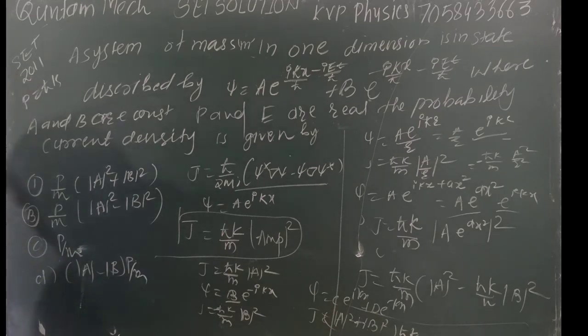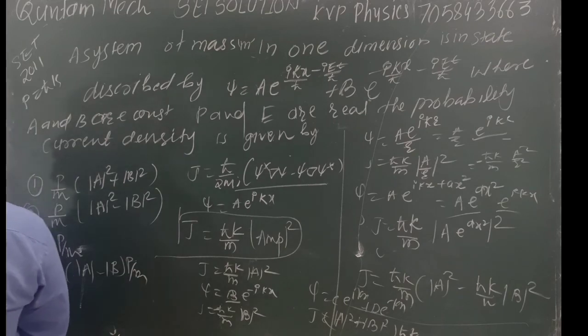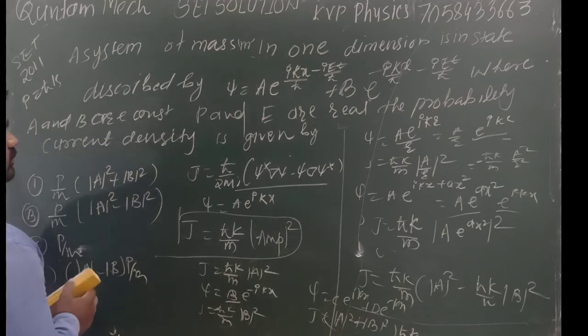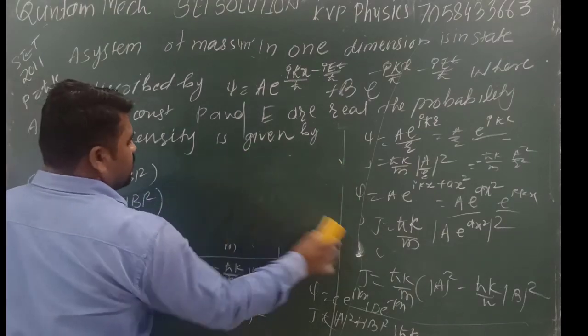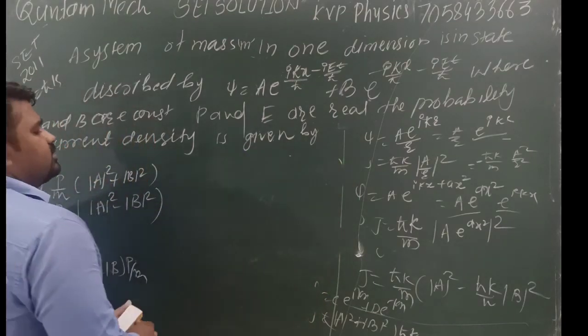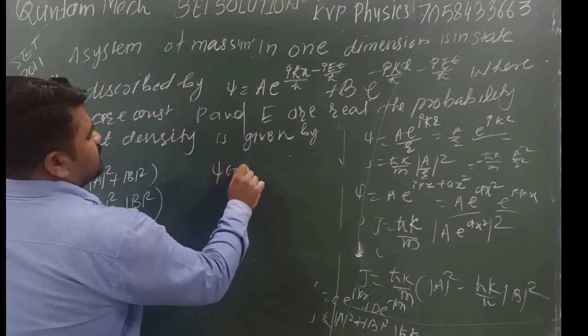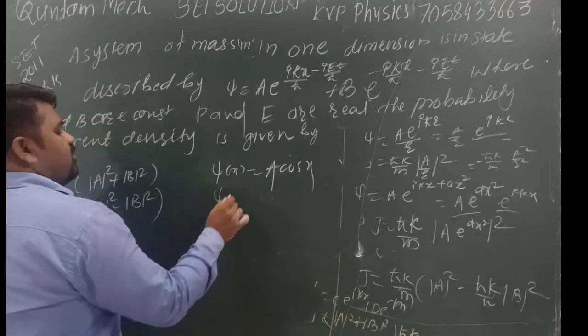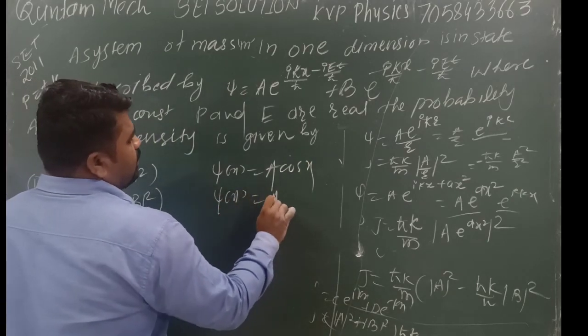Okay. Suppose sometimes they ask what is the current density for psi of x is equal to A cos x, or psi of x is equal to A e to the power kx.